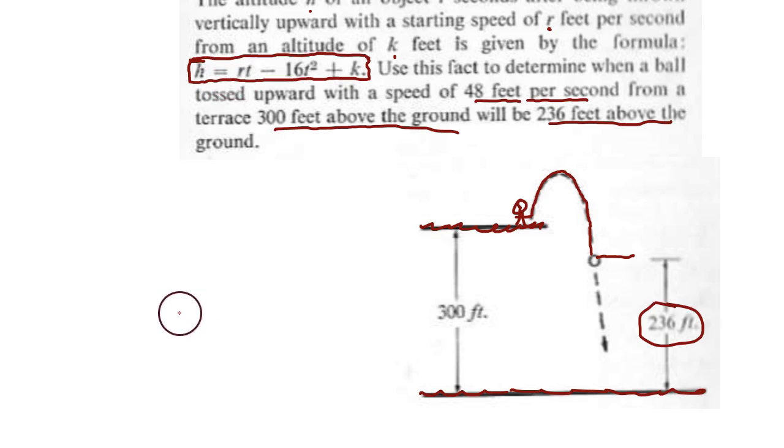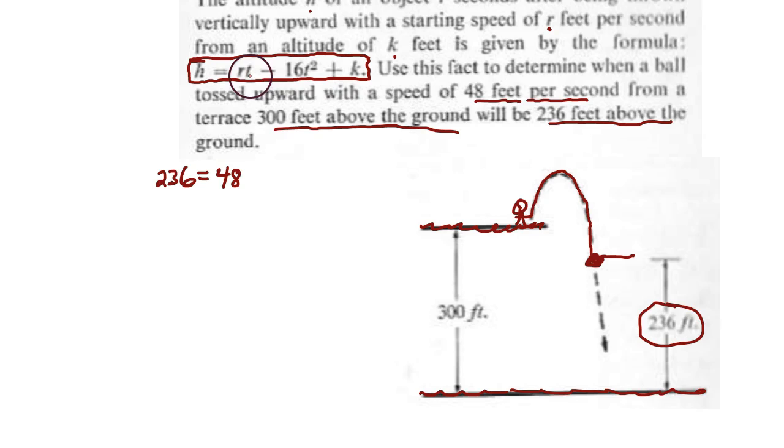Let's make substitutions. The letter h is the height of the object. In our case, we want to know when the height of the ball is 236 feet above the ground. Substitute 236 for h. The letter r is the starting speed. We're told that the ball is thrown with a speed of 48 feet per second. Fill in 48 for r.